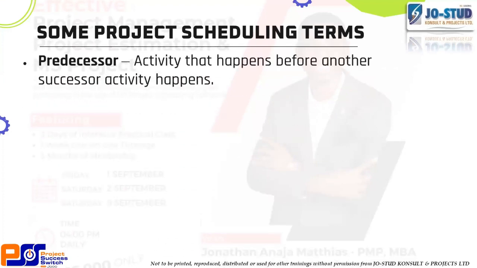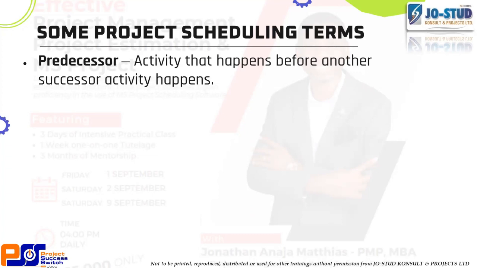Now I want us to focus, right? This is the core of the matter. If you miss these project scheduling terms, if you don't understand any one, I want you to ask me a question. I'll spend about 30 minutes here. Ask me a question, because I'm going to be using these terms. It's these terms you need to be able to use MS Project well.